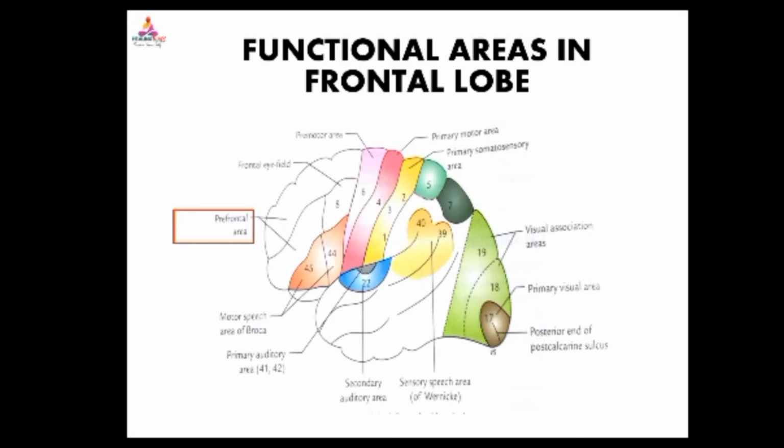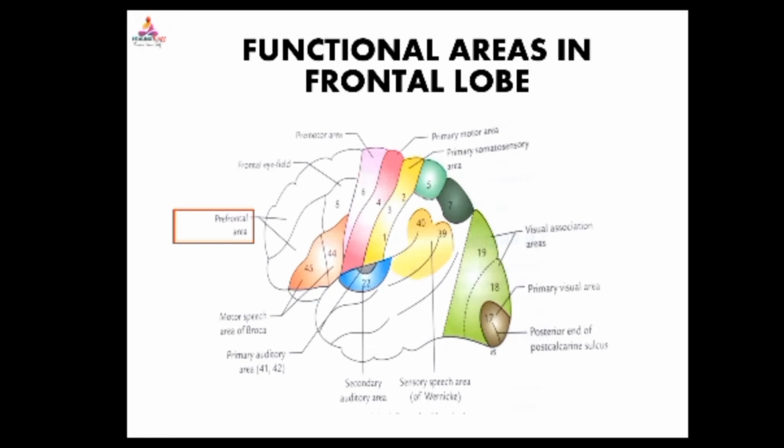Next is the prefrontal area. The part of the frontal lobe rostral to the motor and premotor area is referred to as the prefrontal area. This area is concerned with the individual's personality. It exerts its influence in determining the initiative and judgment of an individual.